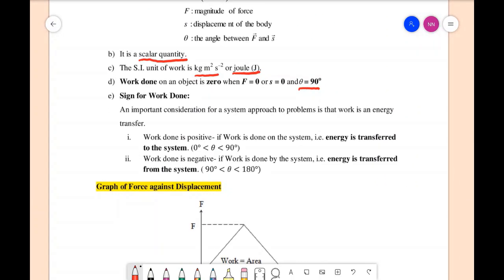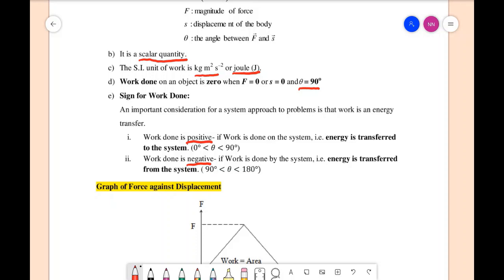Now, sign convention for work done. We have two: positive and negative. This sign convention does not represent direction, since work done is a scalar quantity and has no direction.